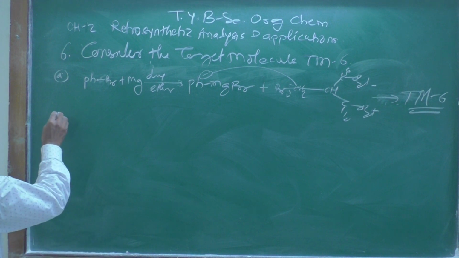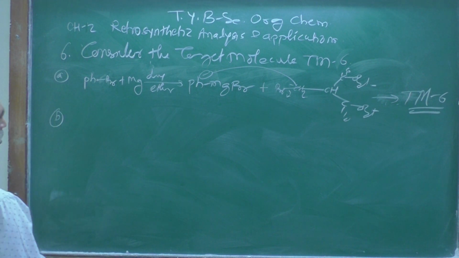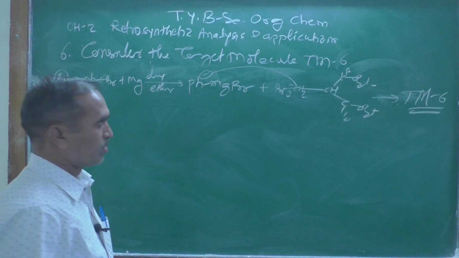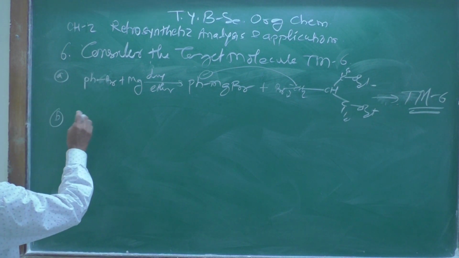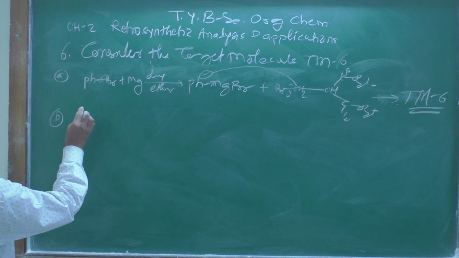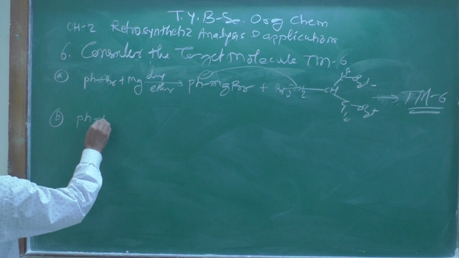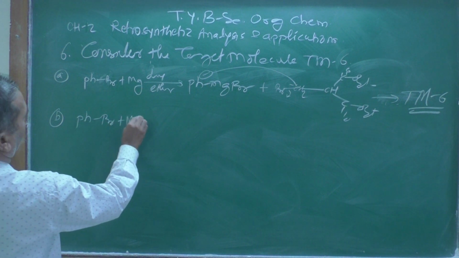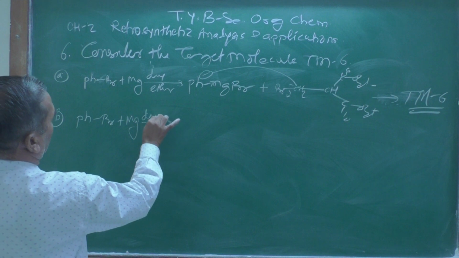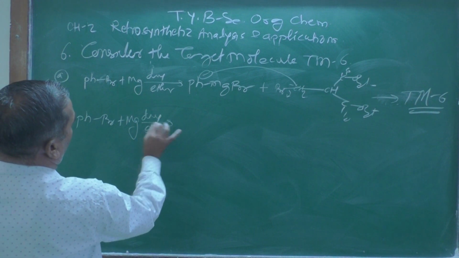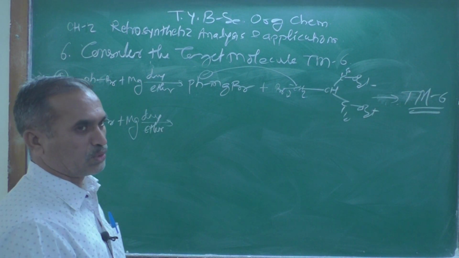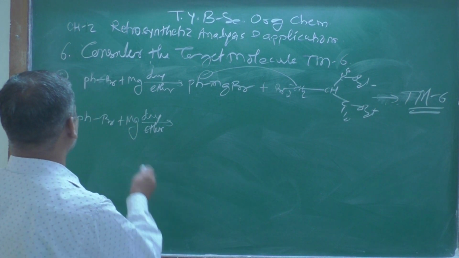Now let us look at the other one, the B route. Why is that B route good? Let me show you here. We know that this one again is PhBr plus Mg in presence of dry ether. Why am I using dry ether? I already told you that in my previous lectures.